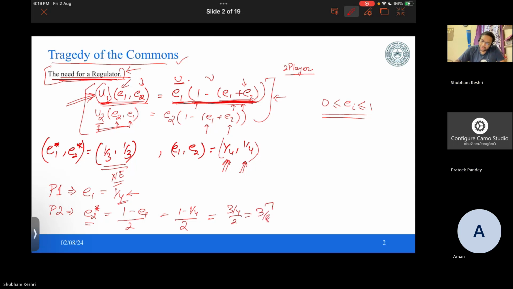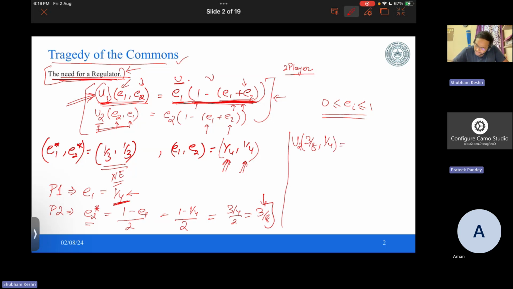Now we can observe that this effort or this action yields a higher utility to player 2 as compared to when he would have played 1 by 4. You can just obtain this when player 2 is playing 3 by 8 and player 1 is playing 1 by 4.